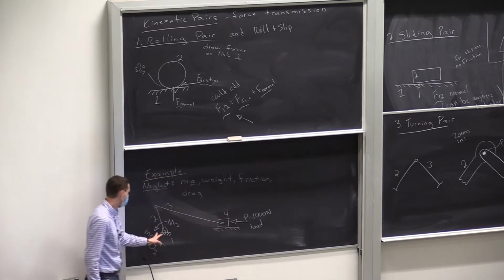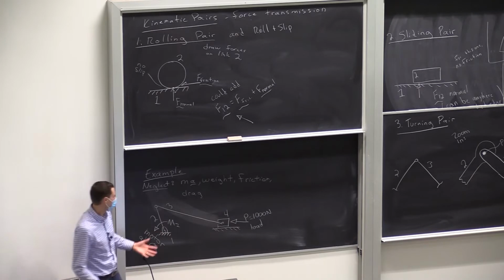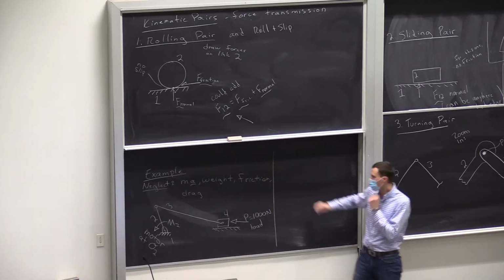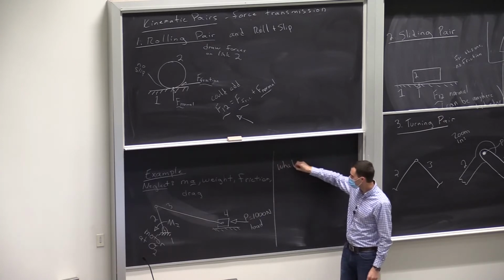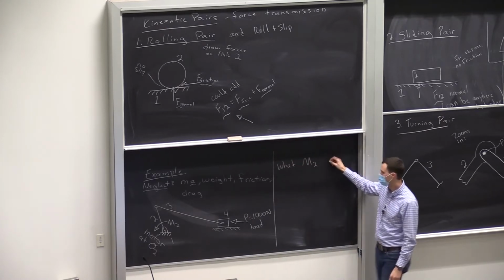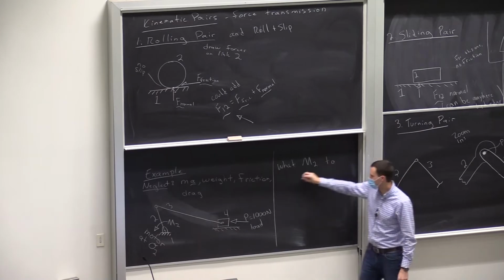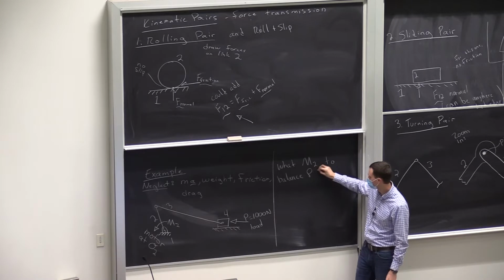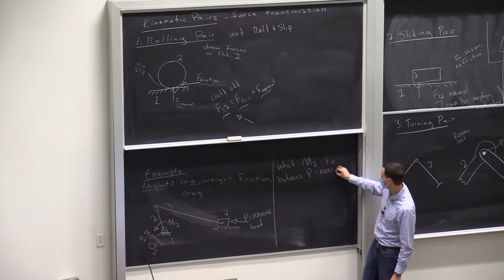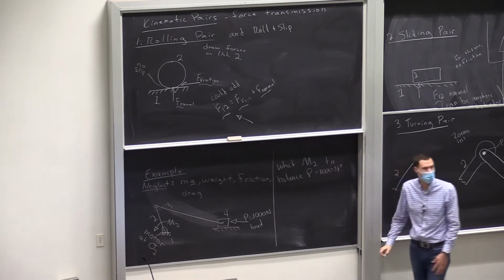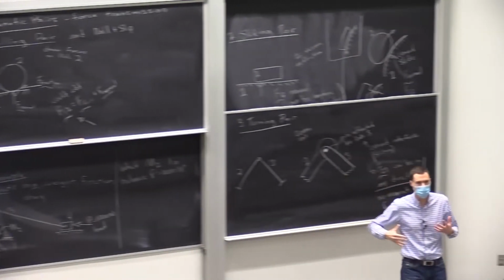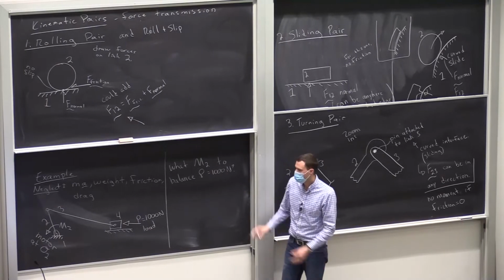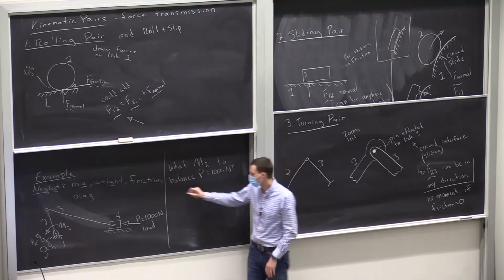We have one input and one output. And really the question we're going to ask doesn't have to do with what is the input and what's the output. It's going to be what moment, that's the unknown, is required to balance P. Another way of stating this is what moment will put this mechanism into equilibrium.